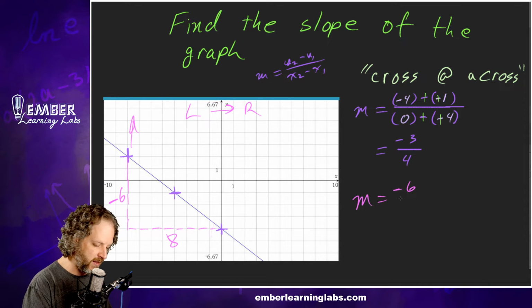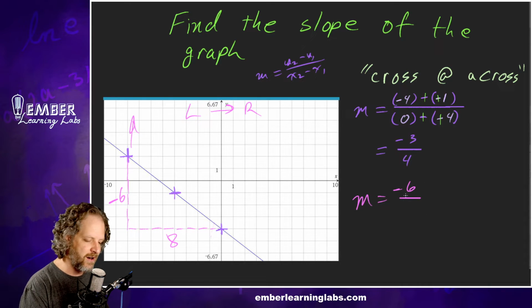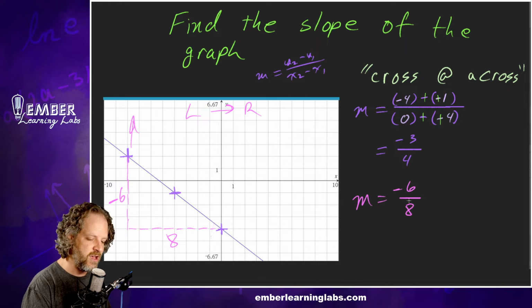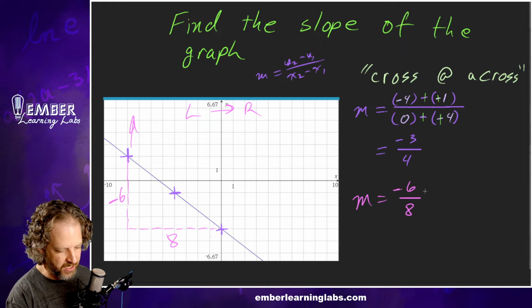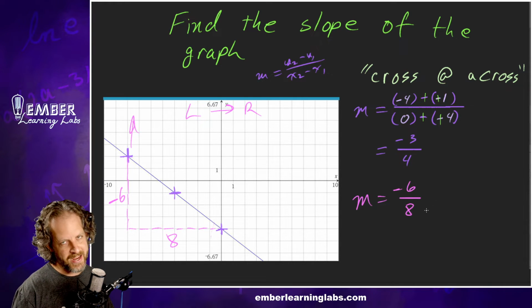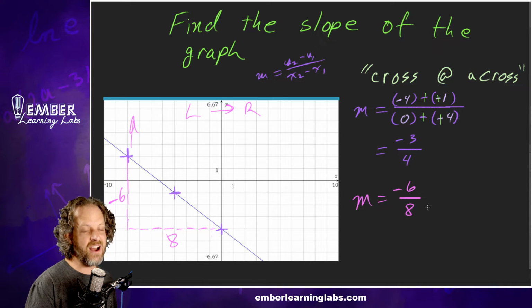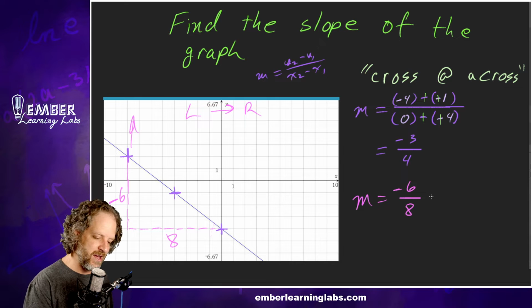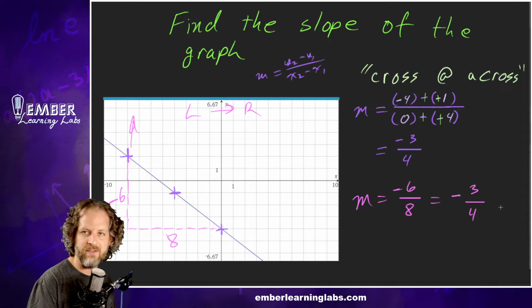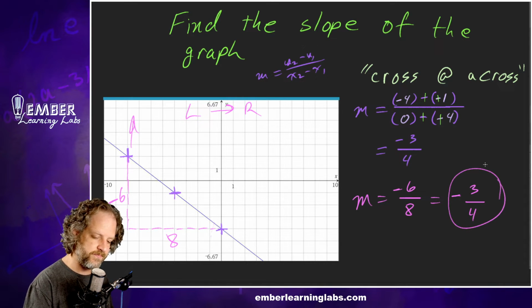Now you probably are already seeing the future here. You might be thinking, well, that's not the same thing. But of course, take a half a second and look at it. If we reduce -6 over 8, then we end up with -3/4 as our slope. So see, if you get something that needs to be reduced, with either method, make sure you reduce that fraction at the end. Easy peasy.